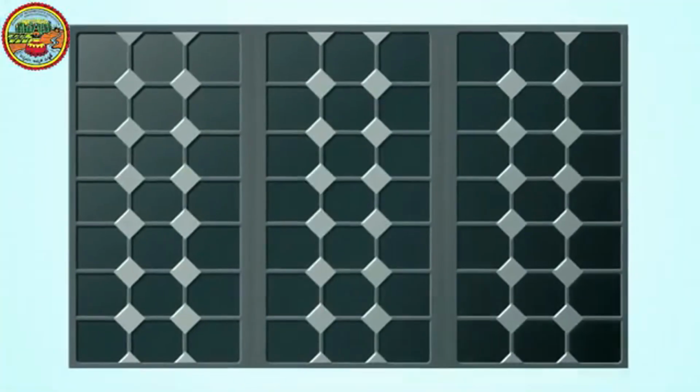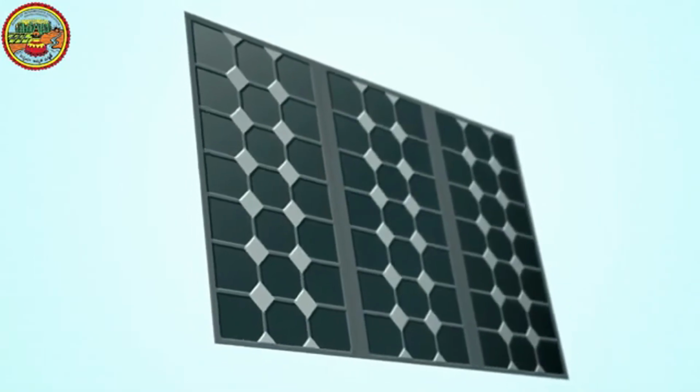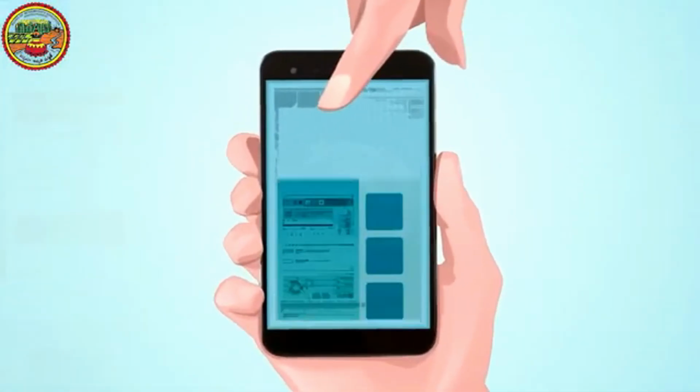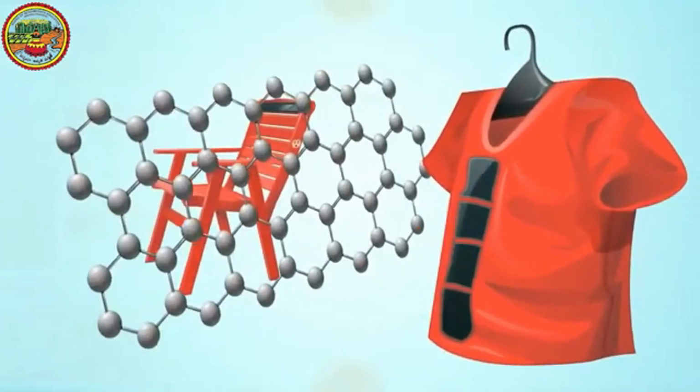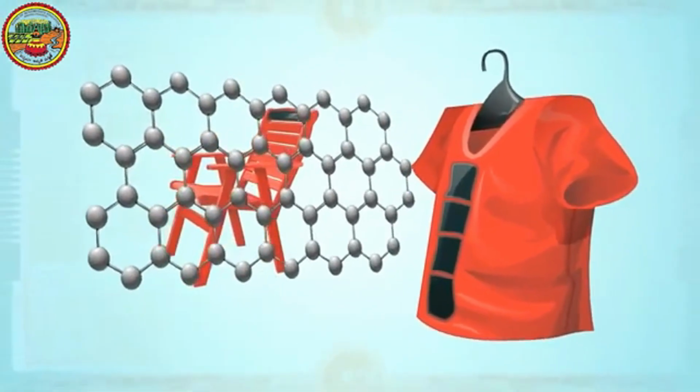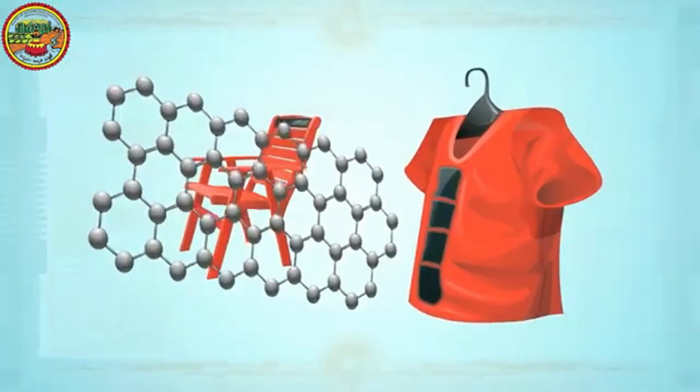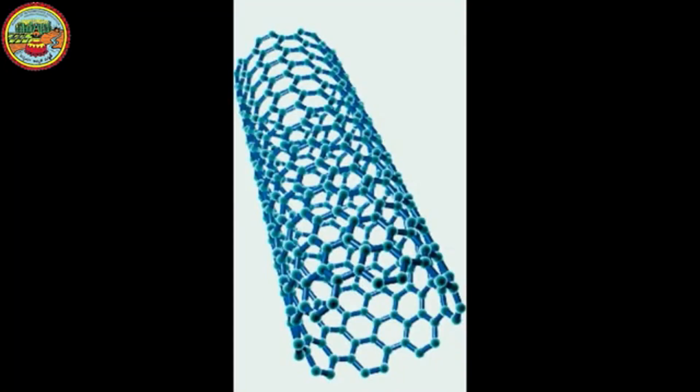It is used in solar panels, touchscreens of cell phones, and many other household articles. If graphene is folded like a cylinder, we get nanotubes, which are another important form of carbon.